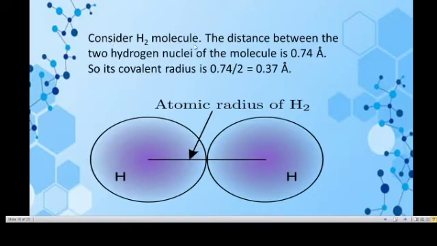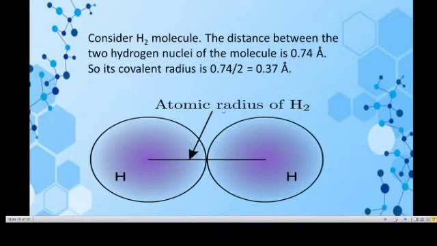So its covalent radius is 0.74 divided by 2, which is equal to 0.37 angstrom.